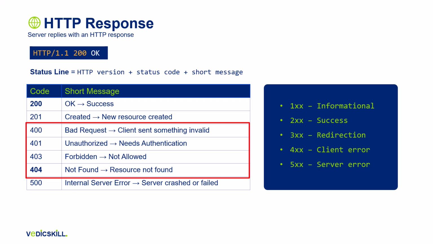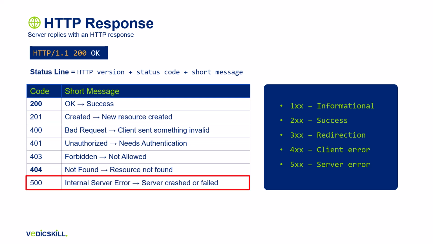The client is not allowed, which is forbidden, 403. And the resource itself is not found, which is 404. So these are errors caused by the client. If the error is generated in the server, then it starts with 500. All right, so this is how the status codes have been defined.